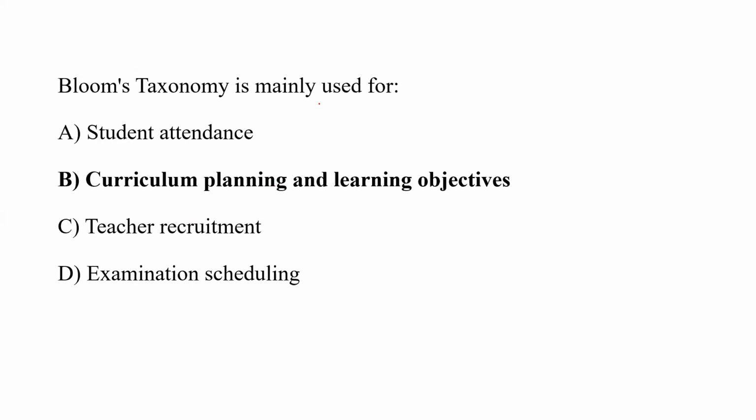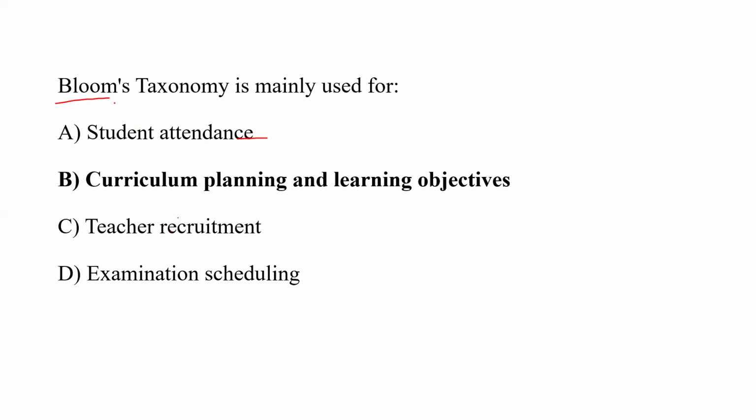And Bloom's taxonomy is mainly used for what purpose? Student attendance? No. Teacher recruitment? Examination scheduling? No. Suppose you don't know the answer particularly, or are not confirmed, you can use the elimination method. You can eliminate which one is not possible, and automatically you will get the correct answer.